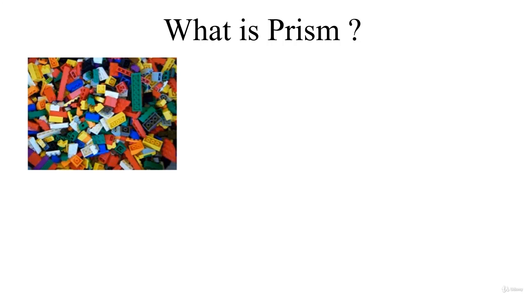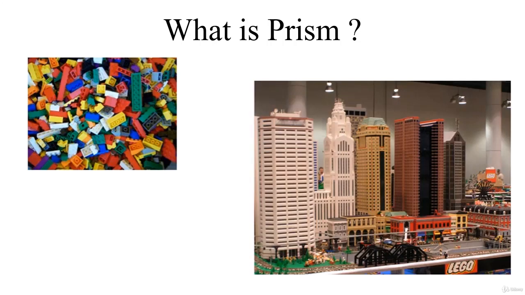On the other hand, if we talk about Prism, then we will create our application well structured and composite, where the major identical areas of the application have been identified and separated from the other functional areas of the application. Now I can be confident if I were to make a change, say in the first building, that it would not affect anything that happens in the second, third, fourth or fifth building.